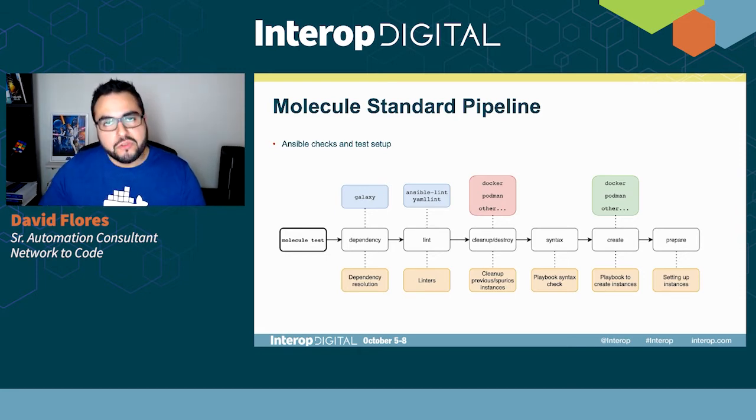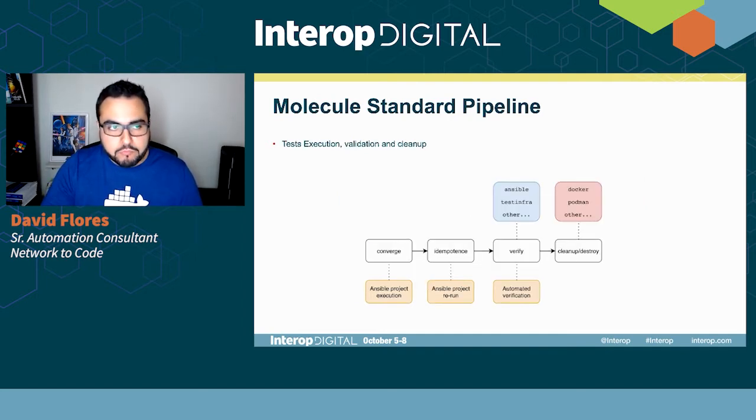The prepare phase is going to prepare those instances. Or if you have some kind of external checks, like a database that you want to call inside your test, you can run the commands to set that up and verify that connection in the prepare phase. Then comes the test execution, validation, and cleanup.